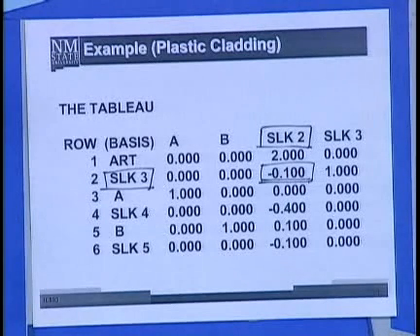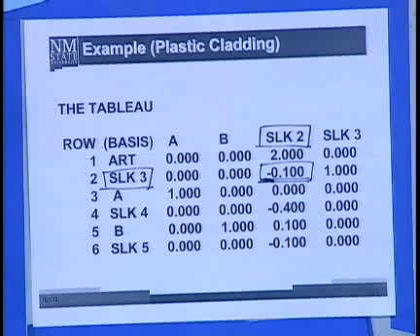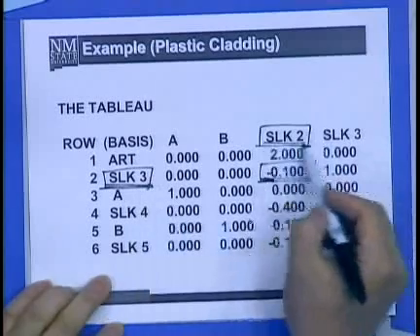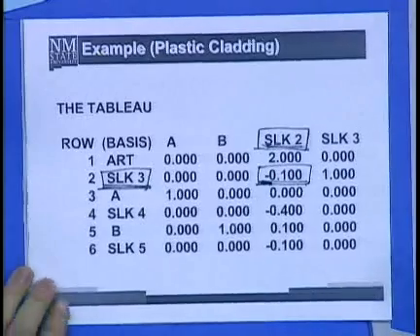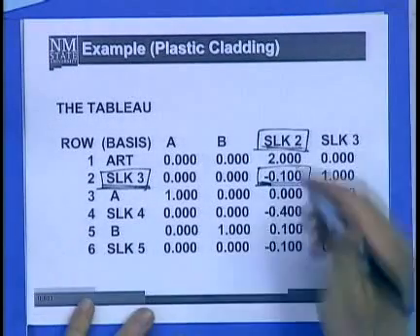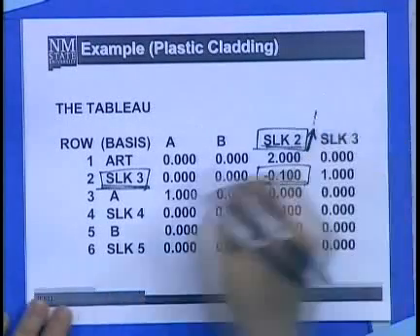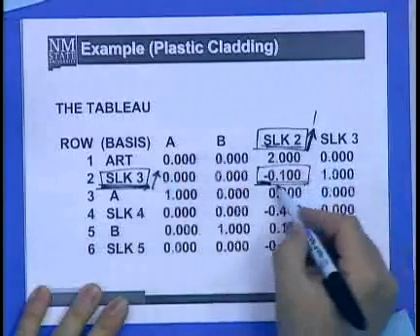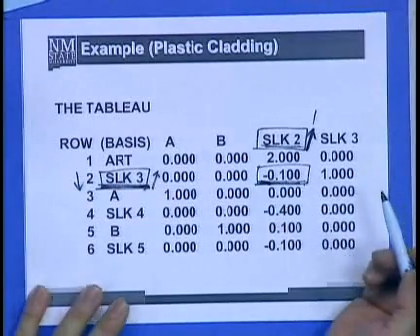So how would you conclude? You remember this negative sign in substitution rates means slack number 3 would change in the same direction as slack number 2. As slack number 2 increases by 1, the basic variable, slack number 3, increases by negative 0.1, which is the same as decreasing by 0.1.